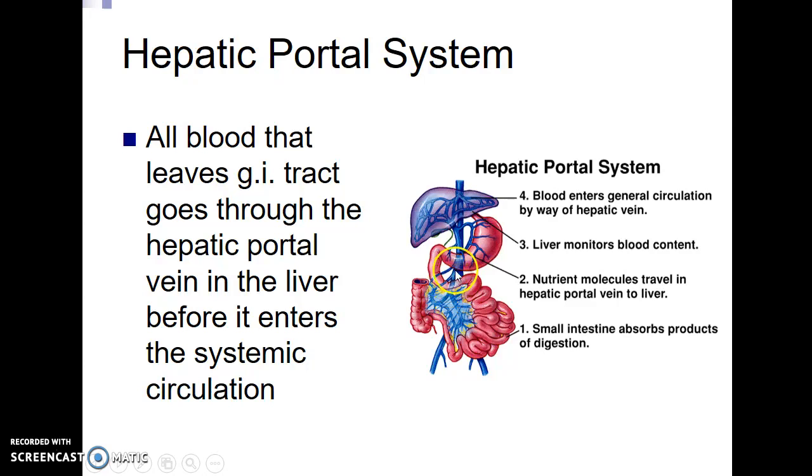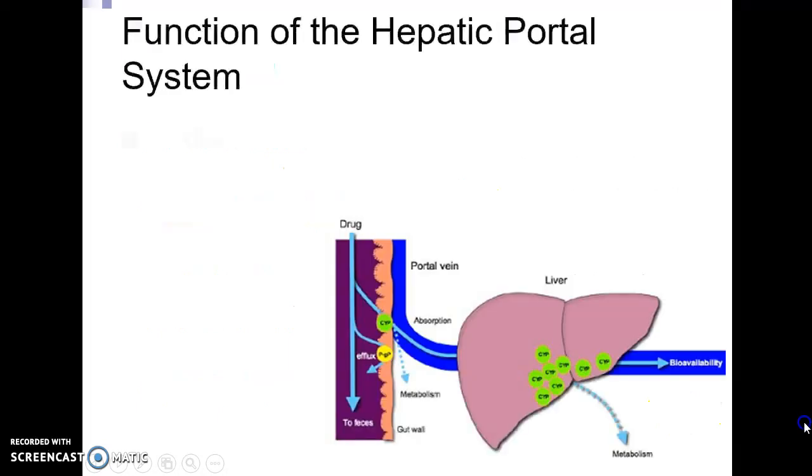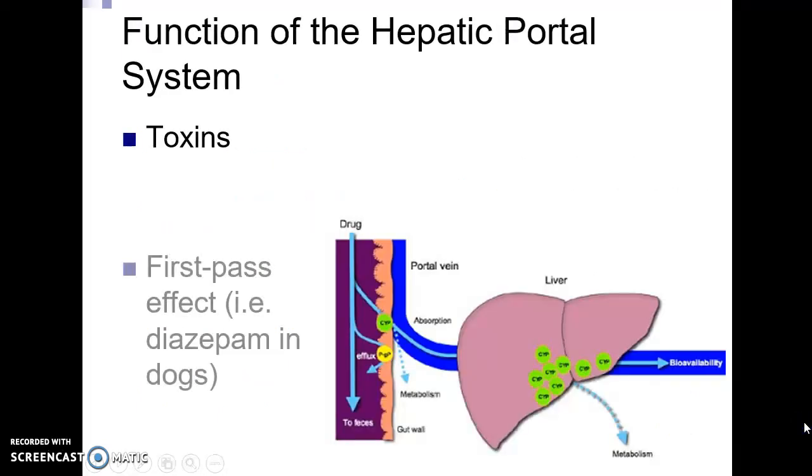And it would be going through the liver first, before it really enters the general systemic circulation. We're just going from the intestinal tract in through that liver. And the liver has a function of trying to recognize toxins, trying to protect us. It's a detoxification part of our body.